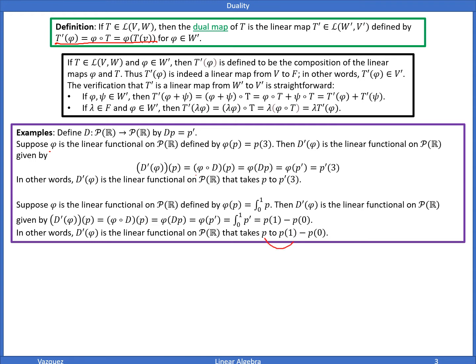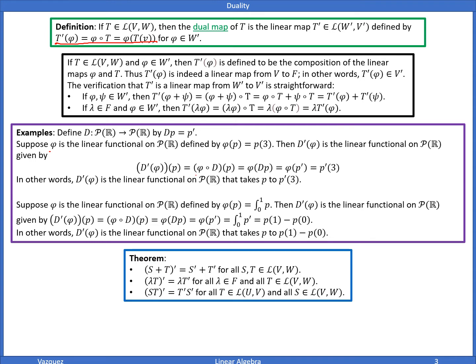And this is kind of used in calculus when they're showing what a derivative and then an antiderivative are. It kind of reverses the operation, to speak loosely. So that's why you just pretty much plug in p of 1 and then p of 0, because we're using the fundamental theorem of calculus.